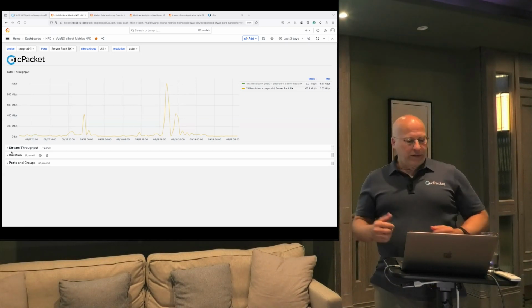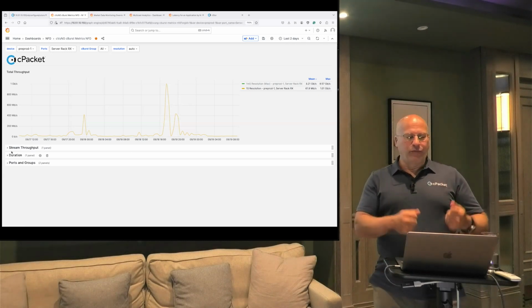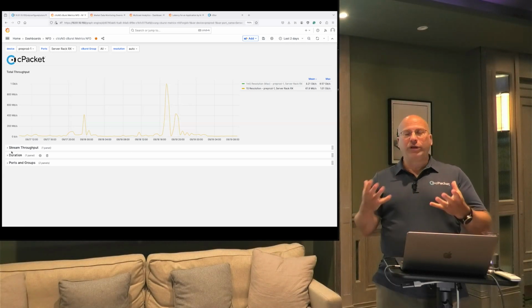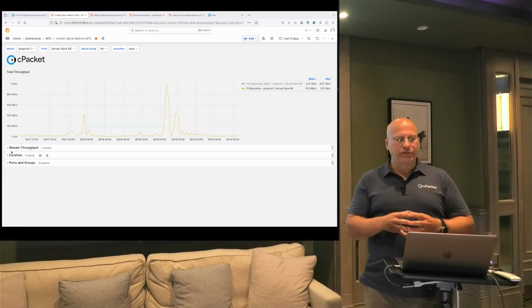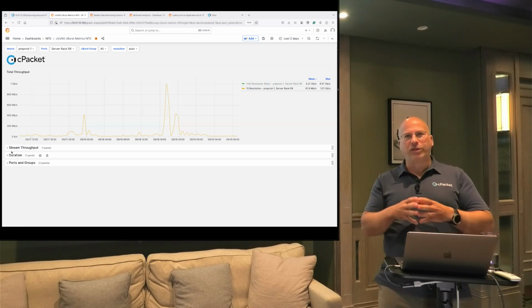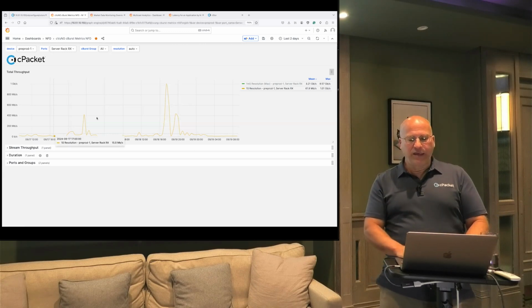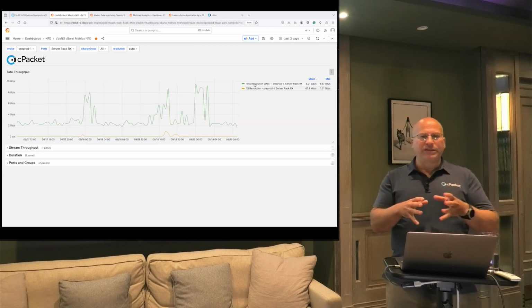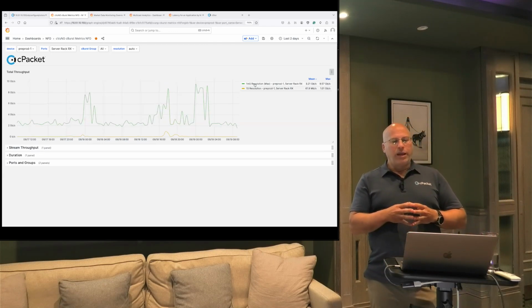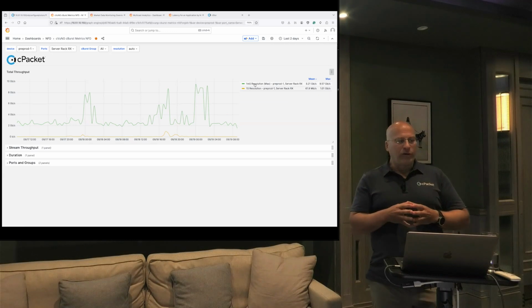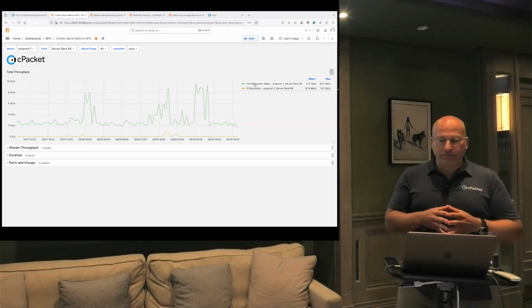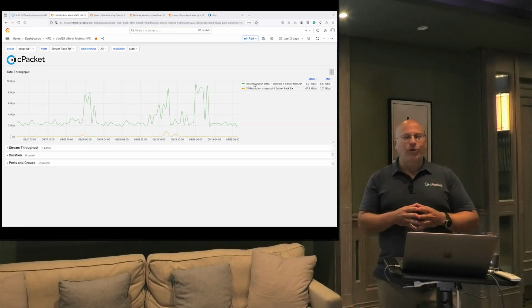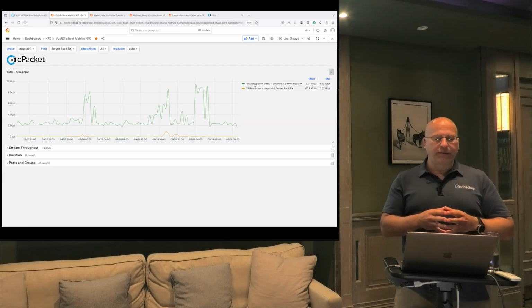The other capability that we use to understand microbursts is the ability to divide the second into 1,000 milliseconds and give me the max throughput in milliseconds during that second. When I add that graph, you can see that all of a sudden, it multiple times gets all the way to 10 gigabits per second.